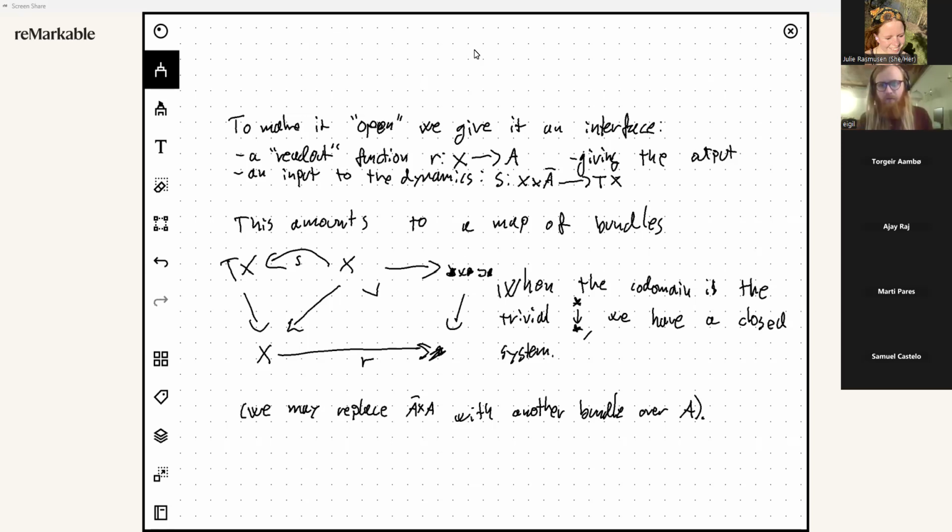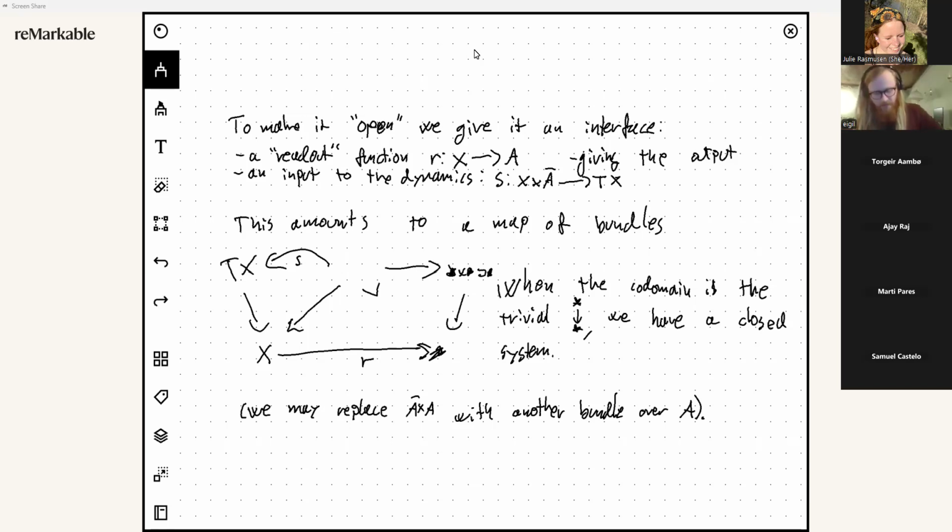So if we have trivial inputs and trivial outputs, then we get just a closed system. So maybe worth noting, let me just go back here to make this the diagram we had before.